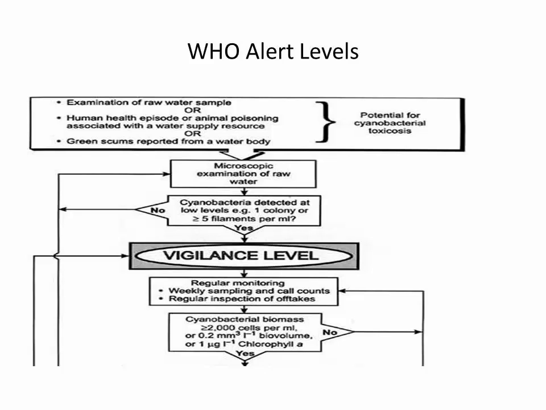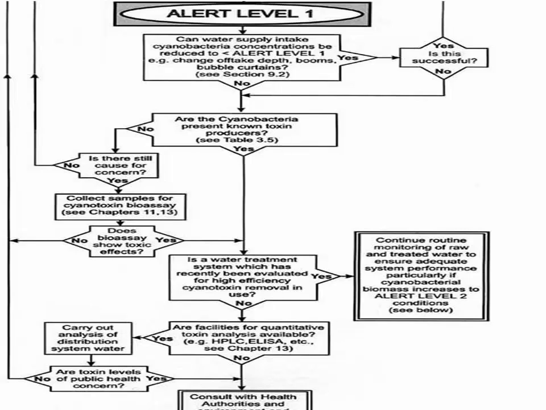So you're microscopically examining cyanobacteria detected at low levels: one colony, which would be a natural unit, or greater than 5 filaments, which again would be natural units. Yes or no? All it took in this case was 1 colony or 5 filaments to get us to this level where we start monitoring more regularly.